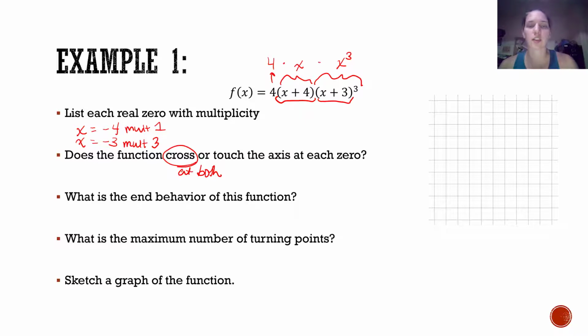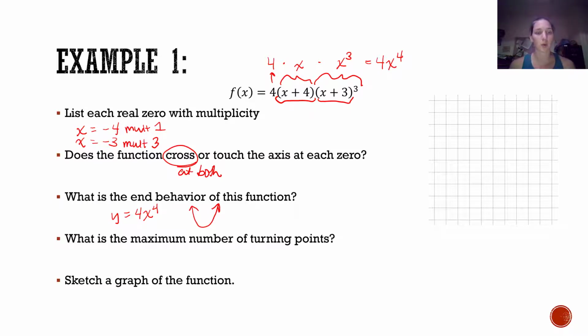So if I multiply this out it's going to be an x cubed, multiply this out, it's just going to be an x, and multiply this out, it's going to give me a 4. When I multiply all three of those things together, I get 4x to the 4th. So the end behavior is 4x to the 4th. And I have a tendency to make it look like that. We're going up and up.